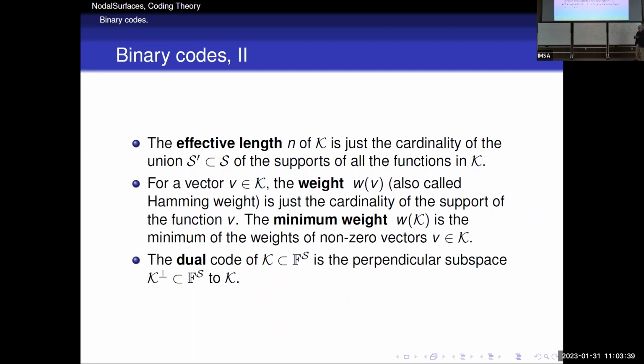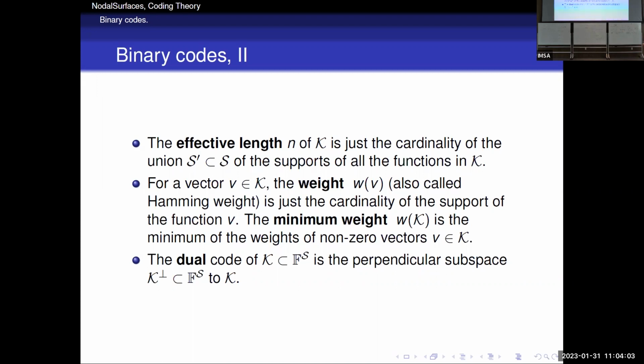So the advantage of a binary code is that this is like the Boolean algebra of sets, because the function has values 1 or 0, and the support is the points where the function has value 1.